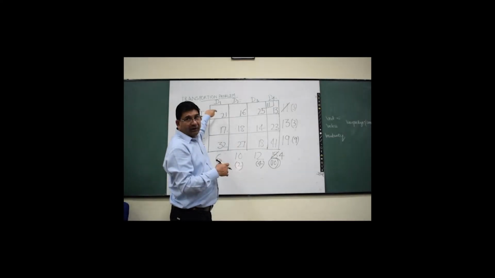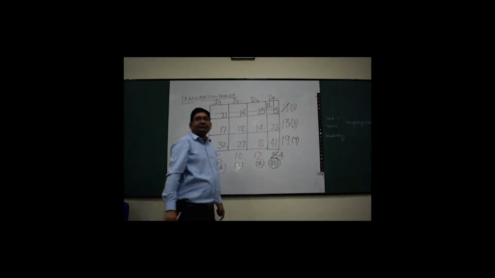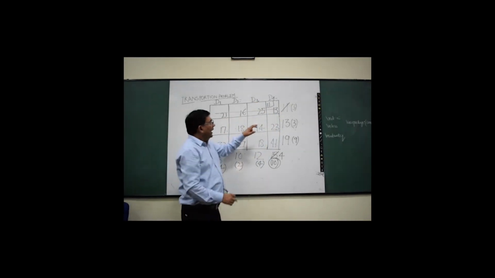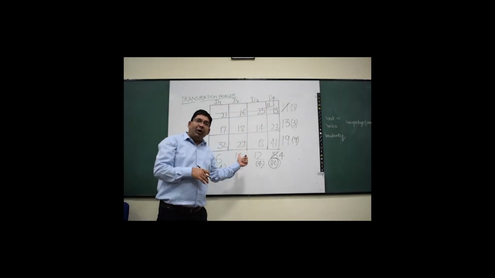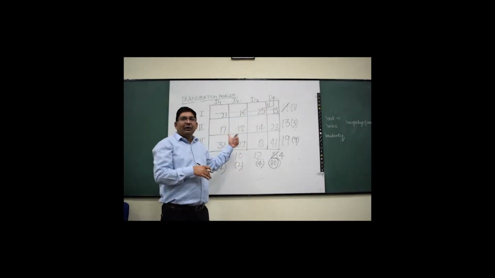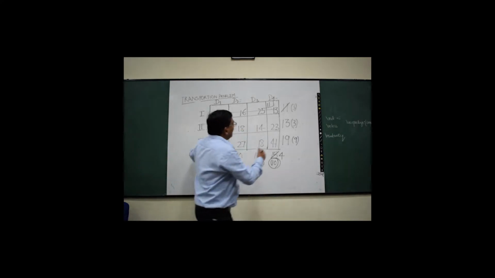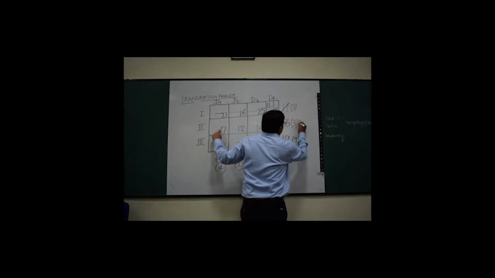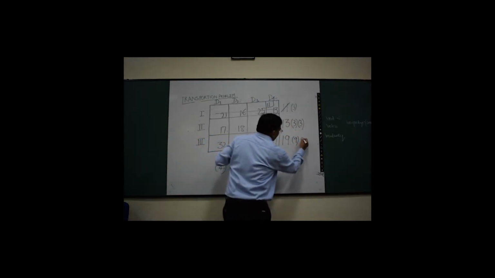So we'll eliminate this row. Again, by eliminating this row, we'll find the penalties for the rest of the rows and columns. This is minimum and next to minimum, this is 3. Again 9.